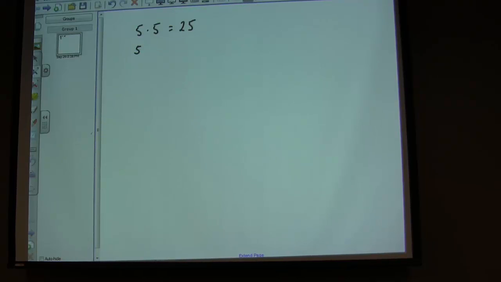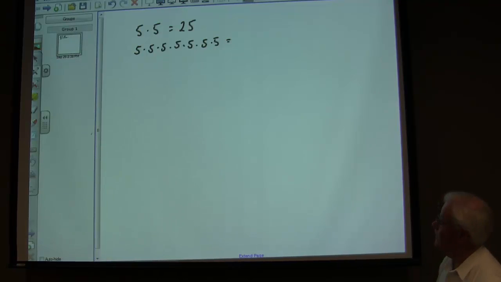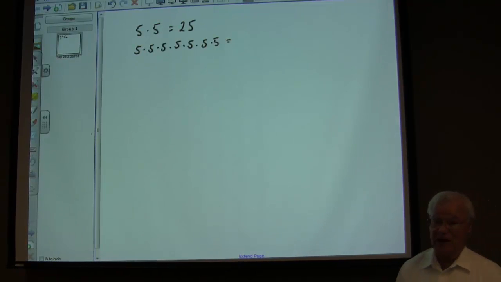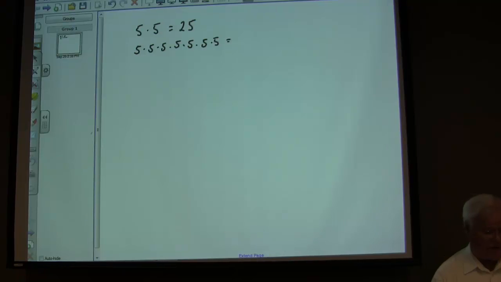I would have to sit here and write it out, and then I'd have to count 1, 2, 3, 4, 5, 6, 7. That's 7 5s. Well, that could get pretty bad if I wanted to do 125 of them.